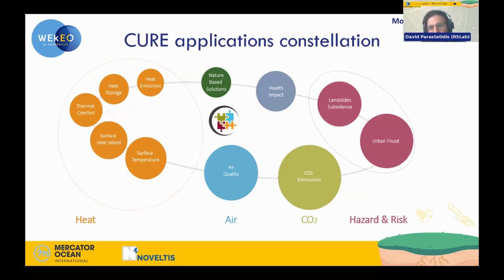We have applications related to hazards and risks, the urban flood risk application, and the urban subsidence movements and deformation risk application, and applications focusing on CO2 emissions, the air quality, the nature-based solutions, and the health impact from various variables such as the air quality.